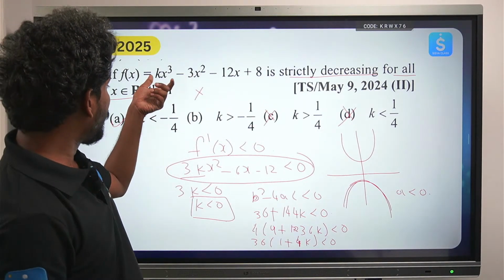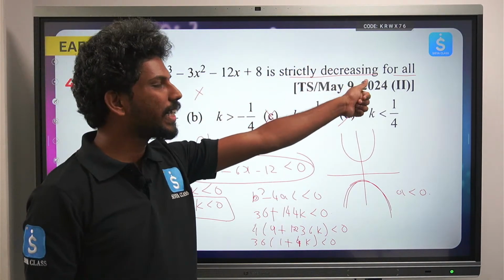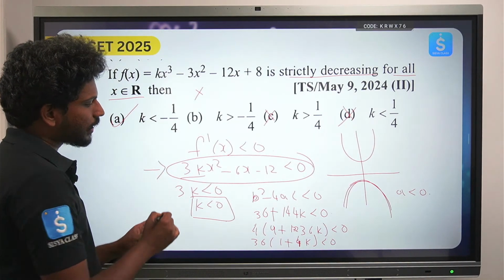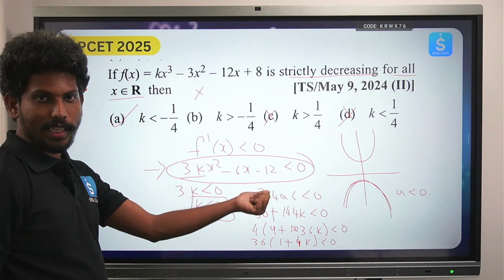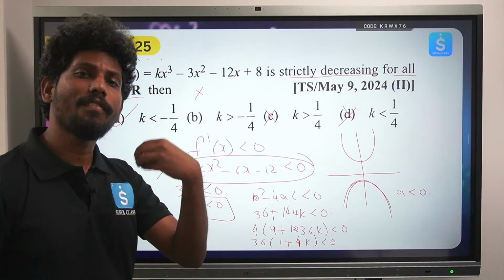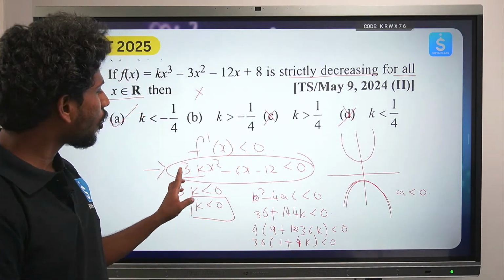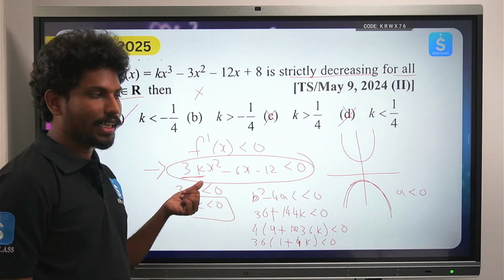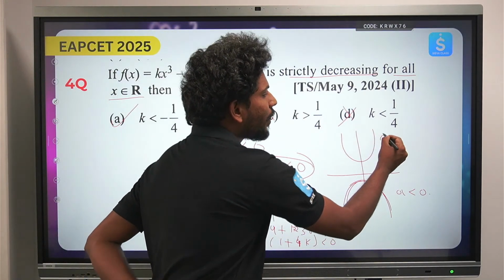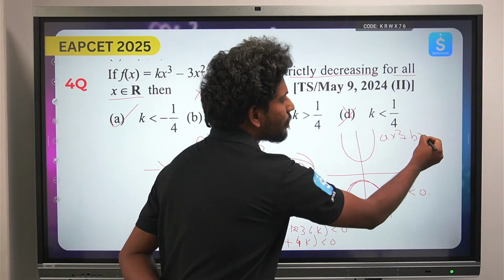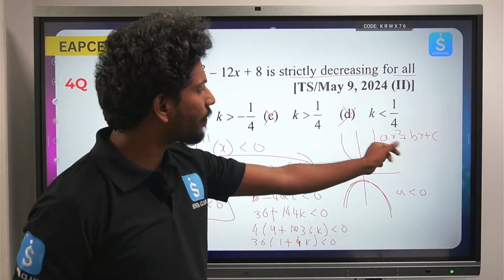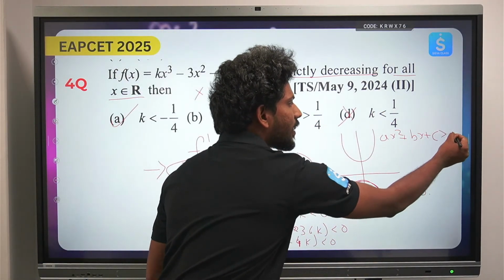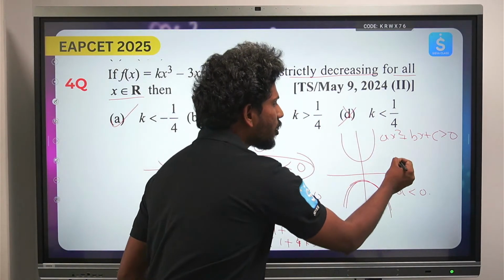Simple, ikkada entante eppudaina gaani ilanti case vachinappudu, when he is saying strictly decreasing function, f dash of x should be less than 0. So ee case lo f dash of x is less than 0, but for every value, a value man substitute chesina gaani, you should always be getting less than 0, but that is possible only when 3k is less than 0. Endukante if ax square plus bx plus c, for every value of x, there are two conditions under which this will be always strictly greater than 0. First, a should be greater than 0.